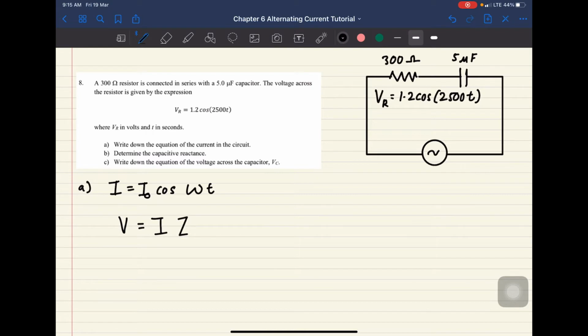You have to consider the capacitor and the resistor. But in this case, I would like to use VR. So this would be V naught R equals I naught R, because you only have one type of current, so basically it would be I naught.